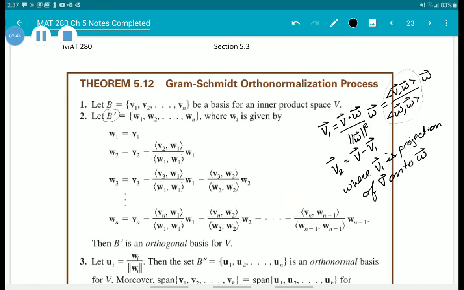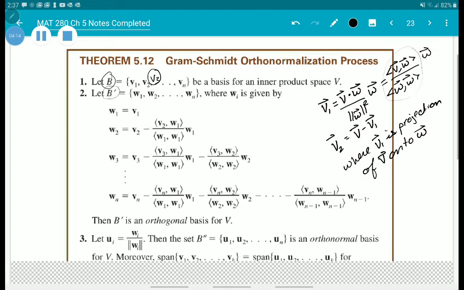Now, if we needed to move this to three vectors, then we're going to build that third vector off of V3, which is from that original set of vectors that's not orthogonal. And then we're going to use some inner products pairing V3 with W1 and W2. And then so on and so forth.